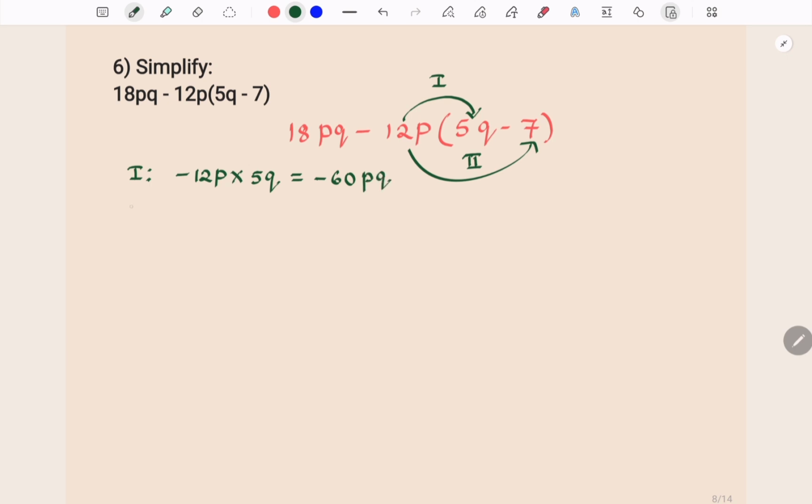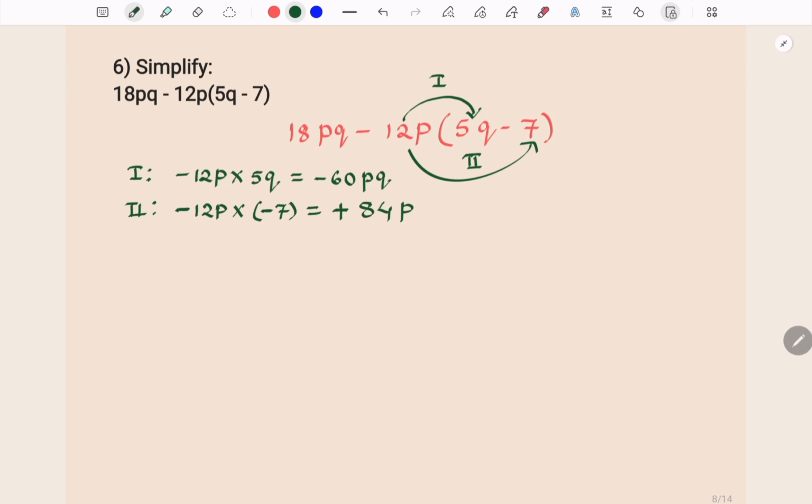Okay, and the second multiplication is minus 12p multiplied by minus 7. That will be minus 84p. Sorry, this will be plus, because here a negative sign is being multiplied with another negative sign. So this will give a positive sign.